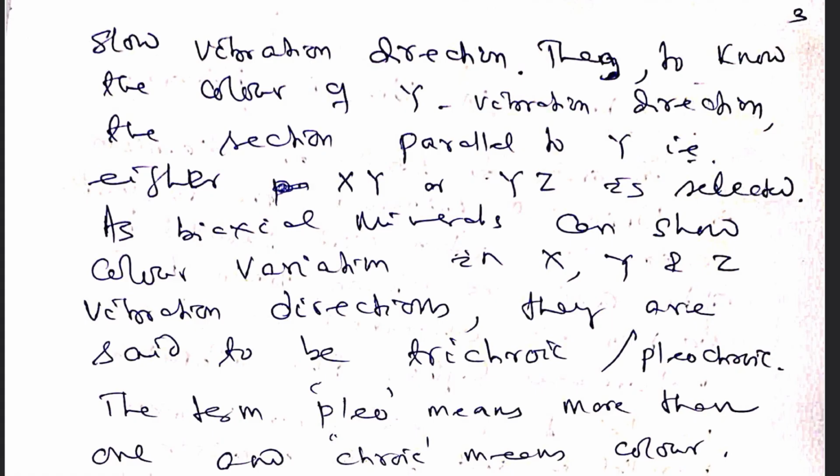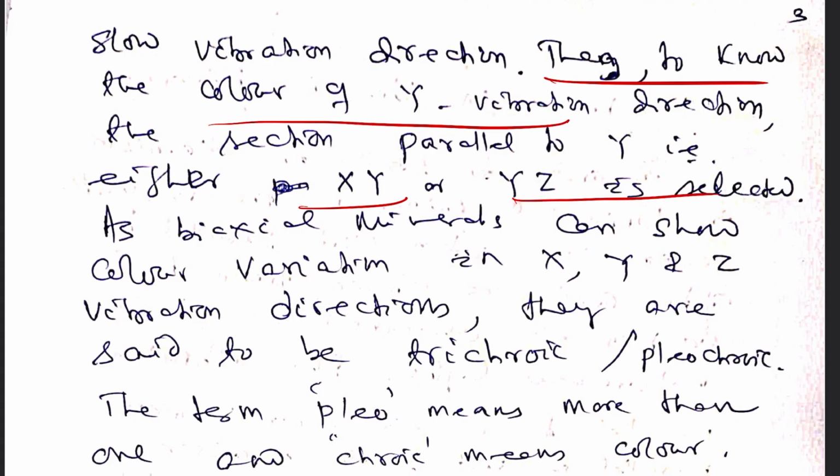So another section is required, that is to know the vibration direction of Y. For that, XY plane sections or YZ plane sections are selected, so that a clear picture of the light vibrating parallel to X, Y and Z can be known.